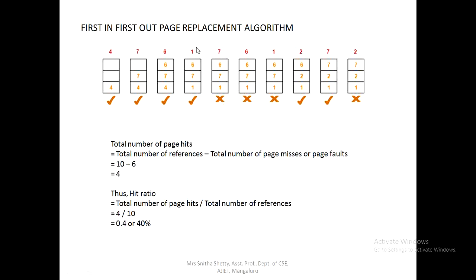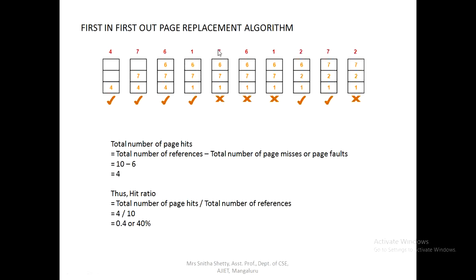So now replace that by 1. I'm replacing that 4 by 1, so it is 1 7 6. This is also a page miss, because when the processor asks for 1 it is not there. Why did I replace this 4 by 1? Because I'm using the concept first in first out, so I'm removing that 4 and placing that 1 here. Now it is 1 7 6.